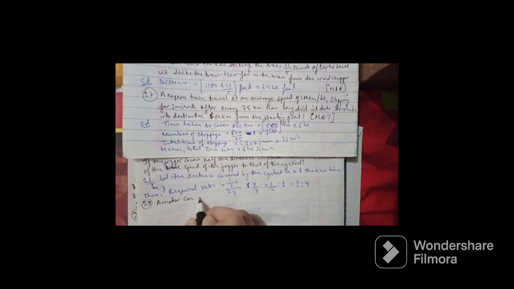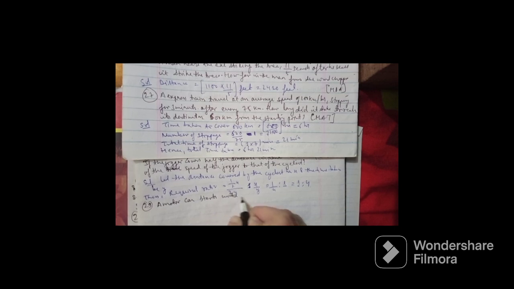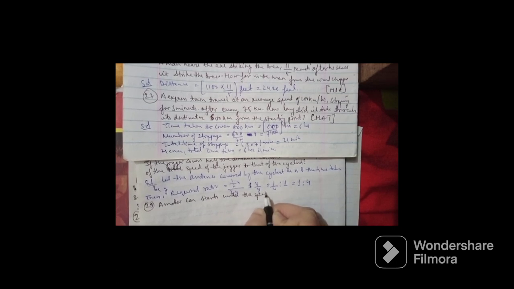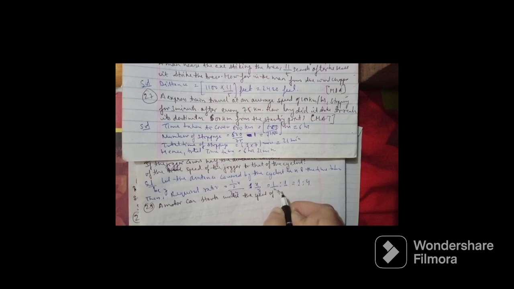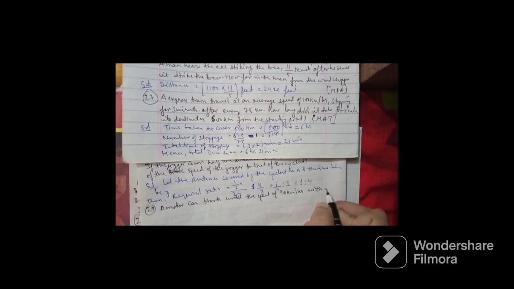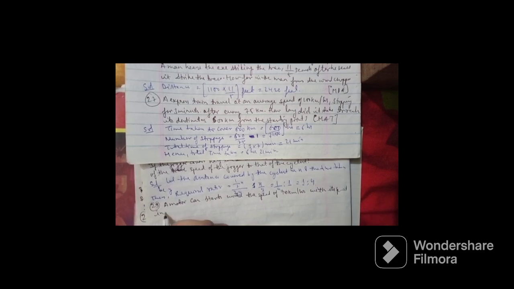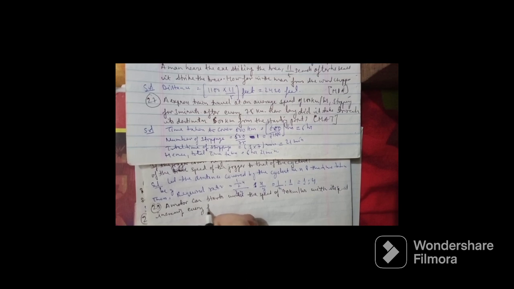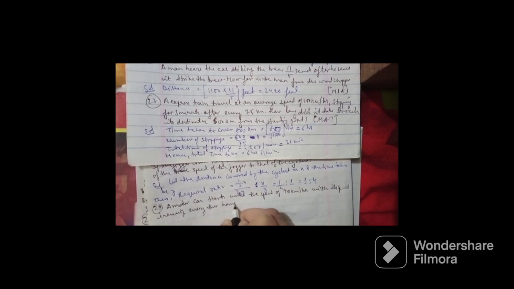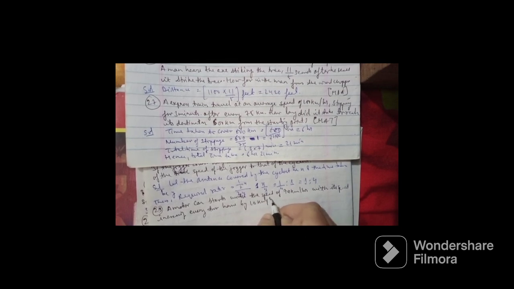A motor car starts with a speed of 70 km per hour, with its speed increasing every 2 hours by 10 km per hour.